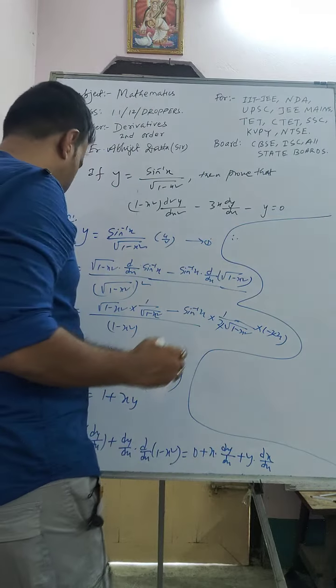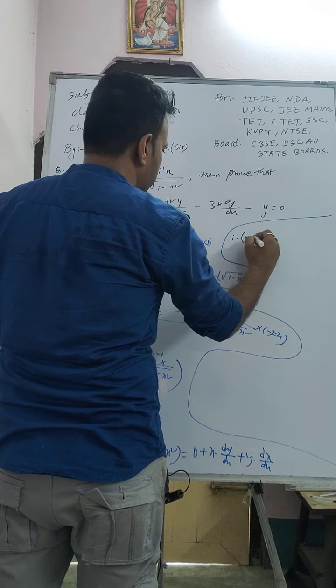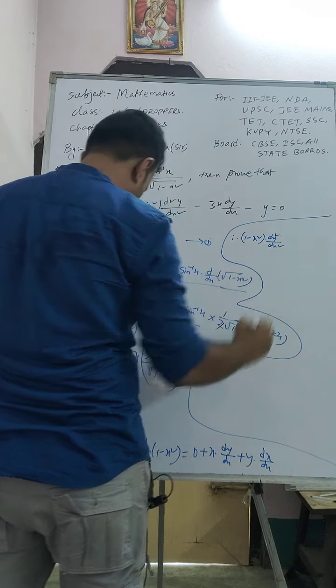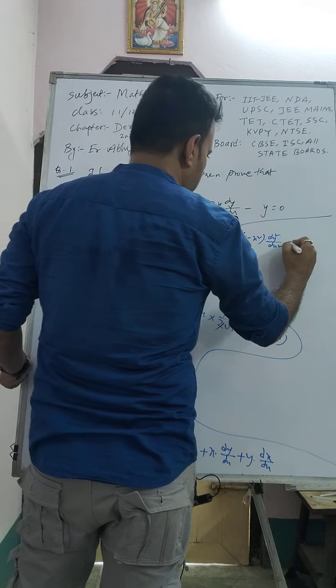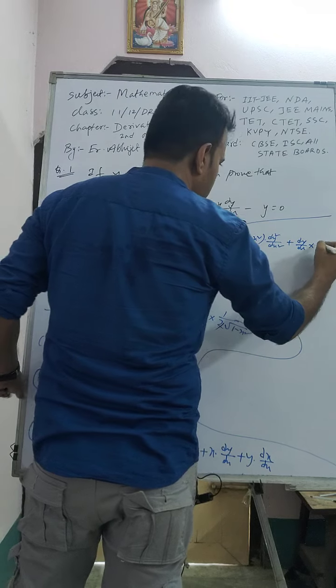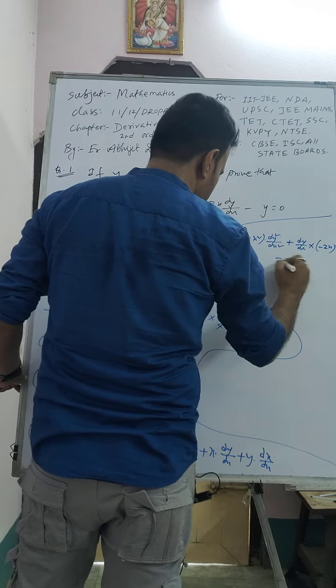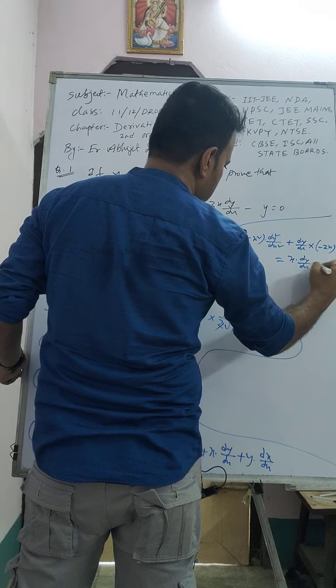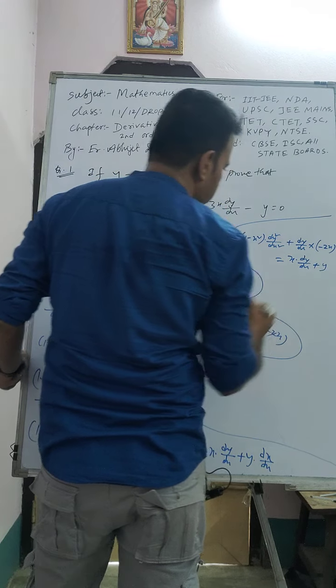Here we can write 1 minus x square d square y by dx square plus dy by dx into minus 2x equal to what? x into dy by dx plus y.